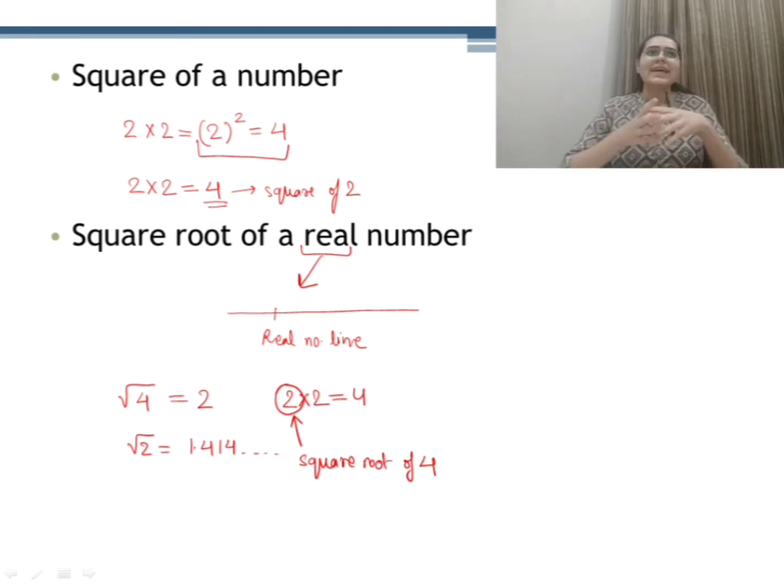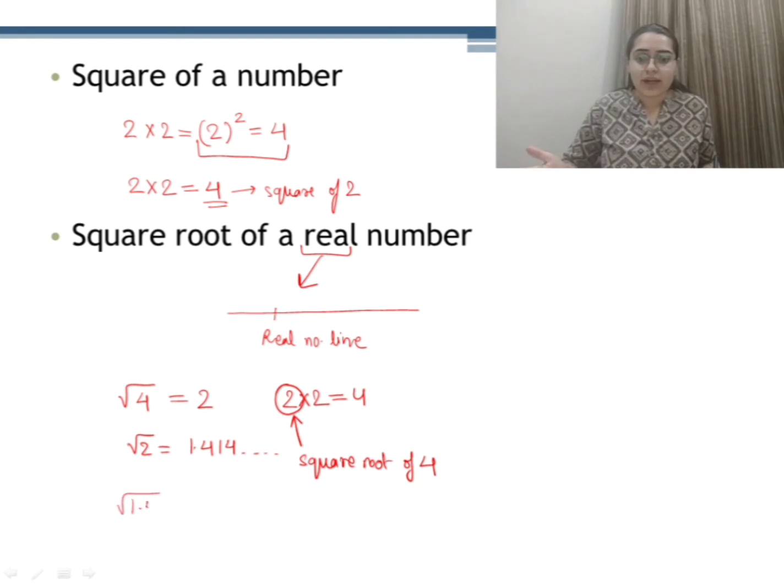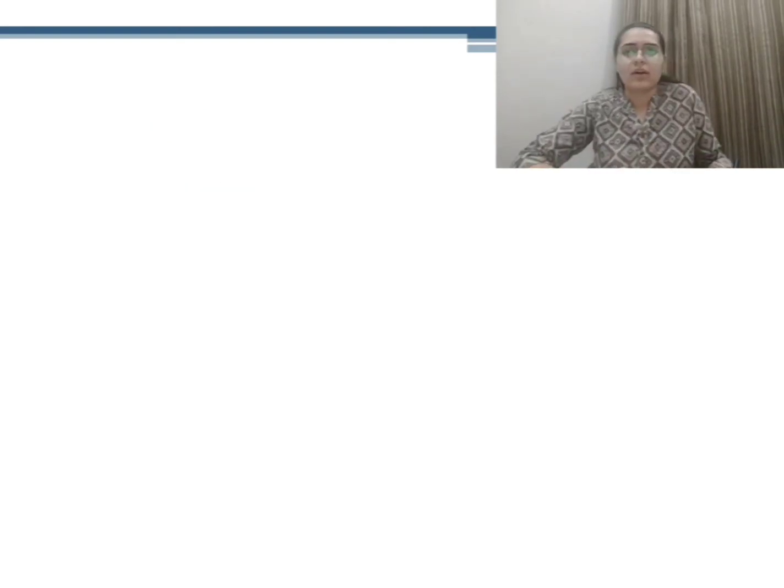So does it mean that square root of every number exists? Like I said about 4, 2, and even if I take 1.4, I can calculate square root of it. But can you tell me about square root of -1?